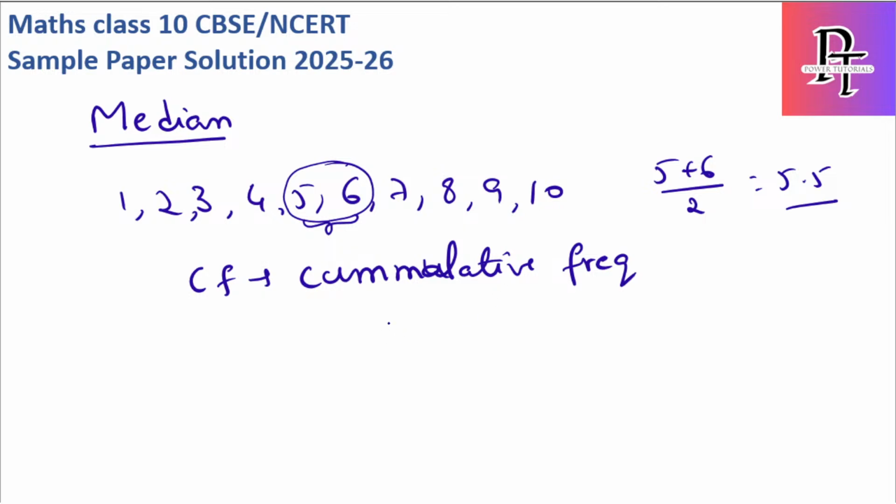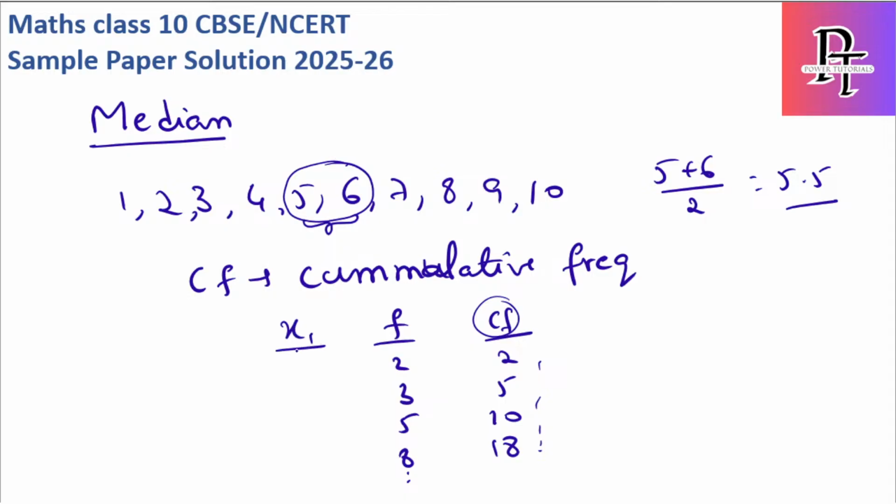If the F table is something like 2, 3, 5, 8 and so on, then the CF values start with the same 2, the next value is 2 plus 3, which is 5, then 5 plus 5, which is 10, then 10 plus 8, which is 18. In this way the CF values go on. So we have to add one extra column, which is CF, along with the F and X values we already have.